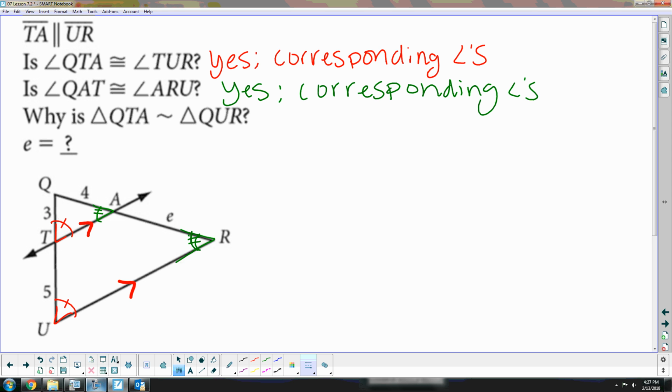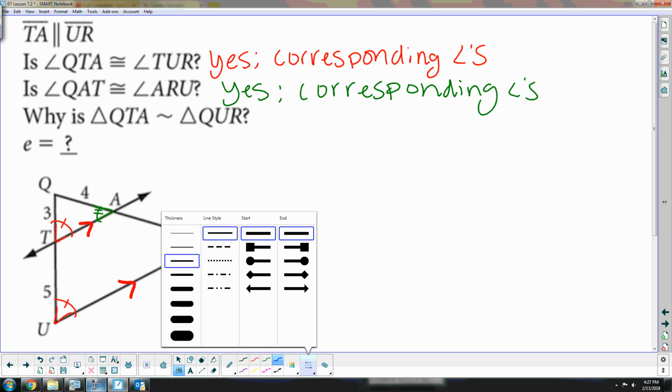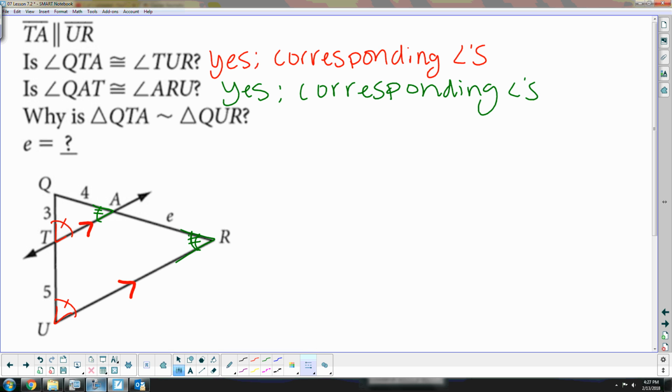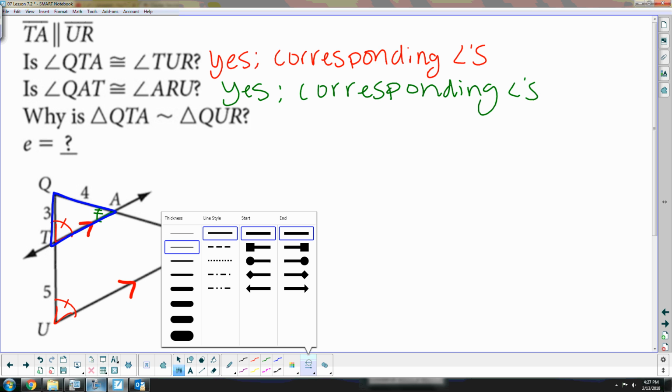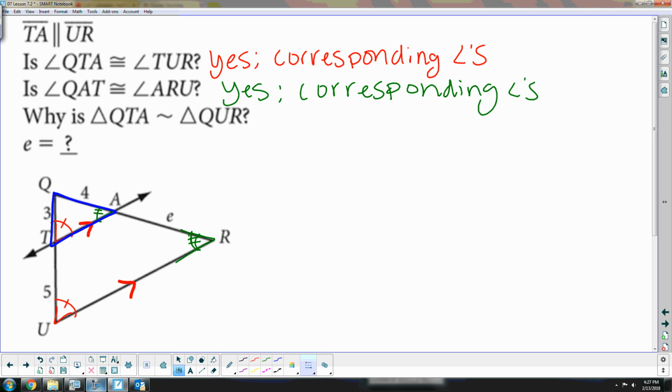And then lastly, is angle QTA, so I'll outline that in blue. So is this angle similar to angle QUR?